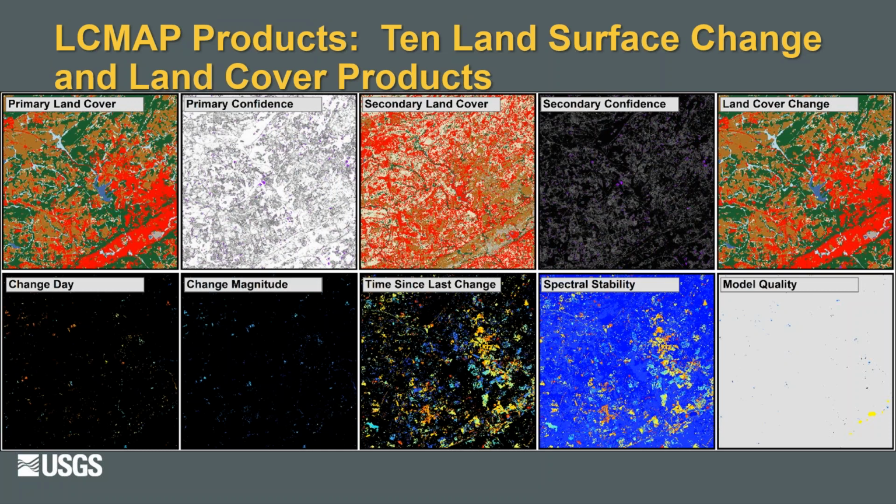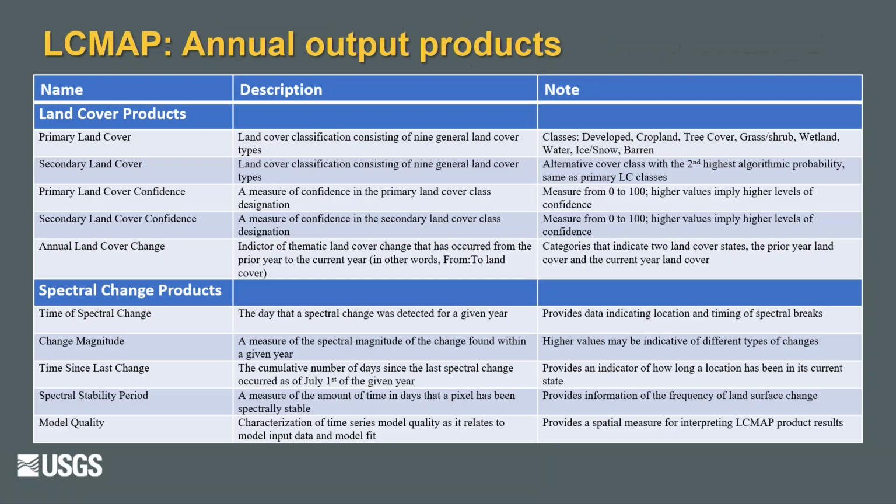So change is determined as being a location where an actual land cover change has occurred. And what we are discovering, and what we know, is that change across the landscape is more than just thematic land cover change. I gave you that table before. There are other changes occurring.